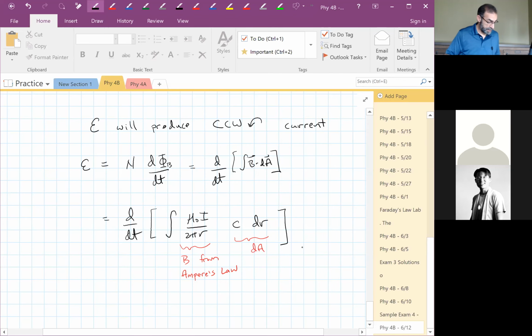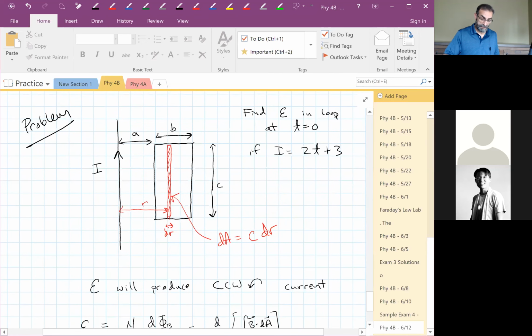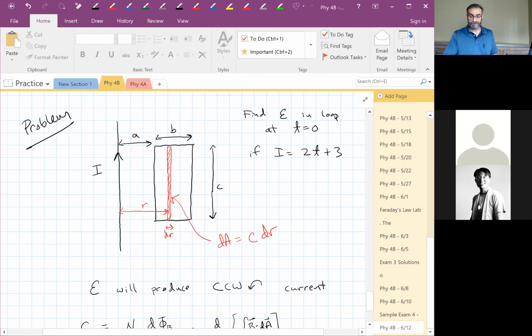And what am I integrating over? Integrating over the area of my loop, right? This area right here.